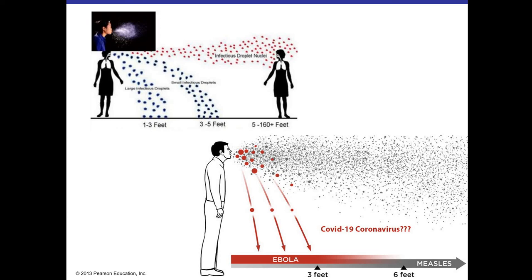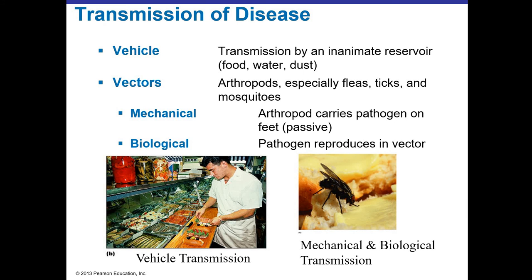So that's why we have this 6 feet limit that we use for social distancing. There may be potential infectious nuclei, but we're not quite sure. We don't think that beyond 6 feet it is a problem for the coronavirus, but it's still under investigation. There are other ways that we transmit disease as well.